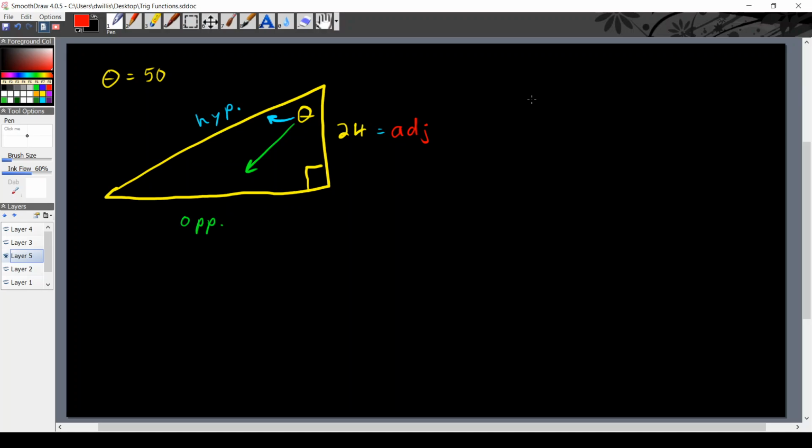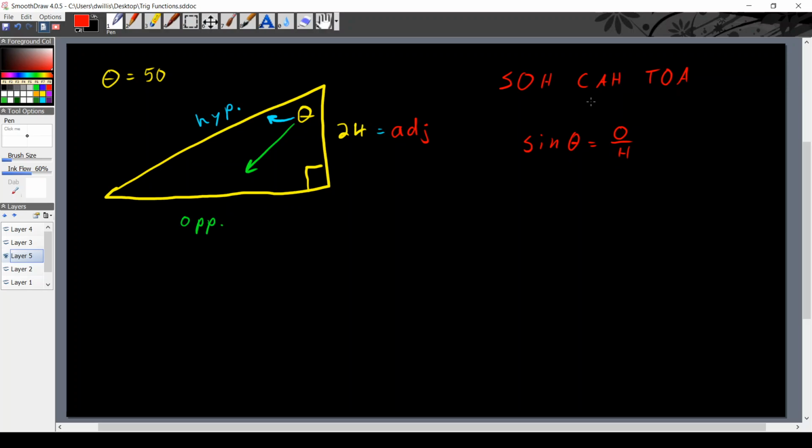I'm just going to real quickly sketch out again, if you remember, some people use the term SOHCAHTOA, which stands for sine, the opposite over the hypotenuse. So of course sine of theta equals the opposite divided by the hypotenuse.